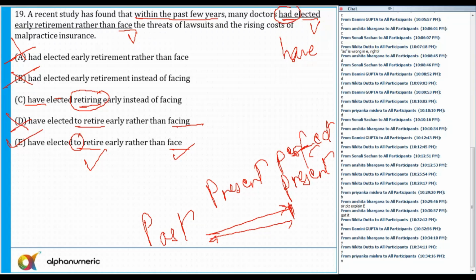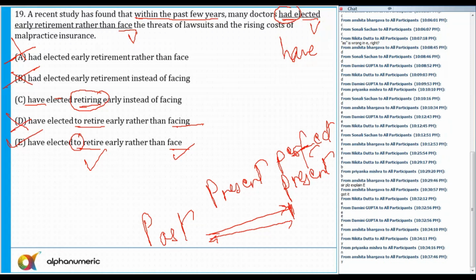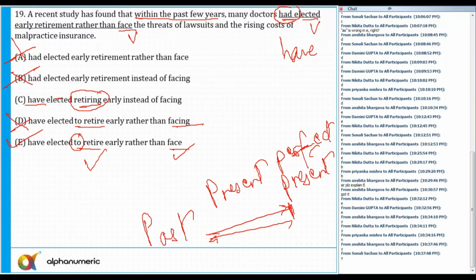It does not match. Both of them will have to be parallel. So that is why D is also not right. Answer for question number 19 should be E. Is this clear? All of you? Okay. Coming to question number 20.